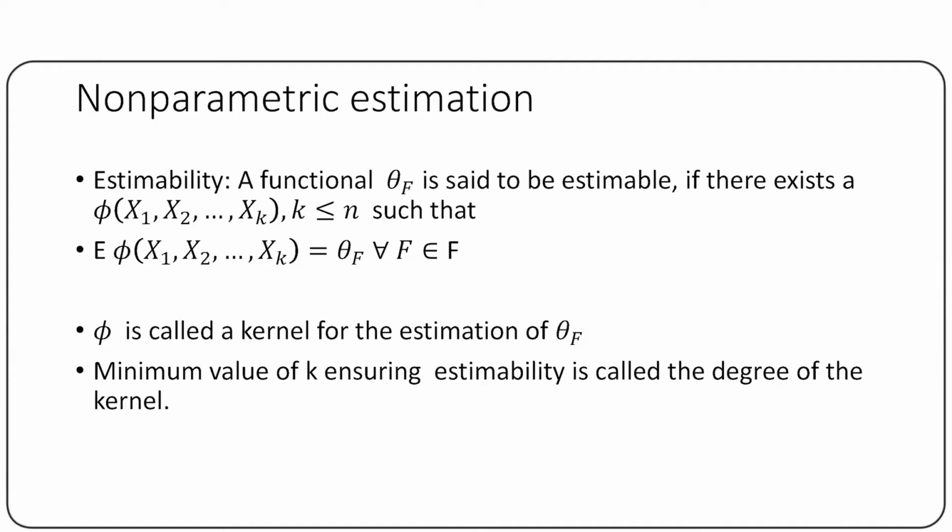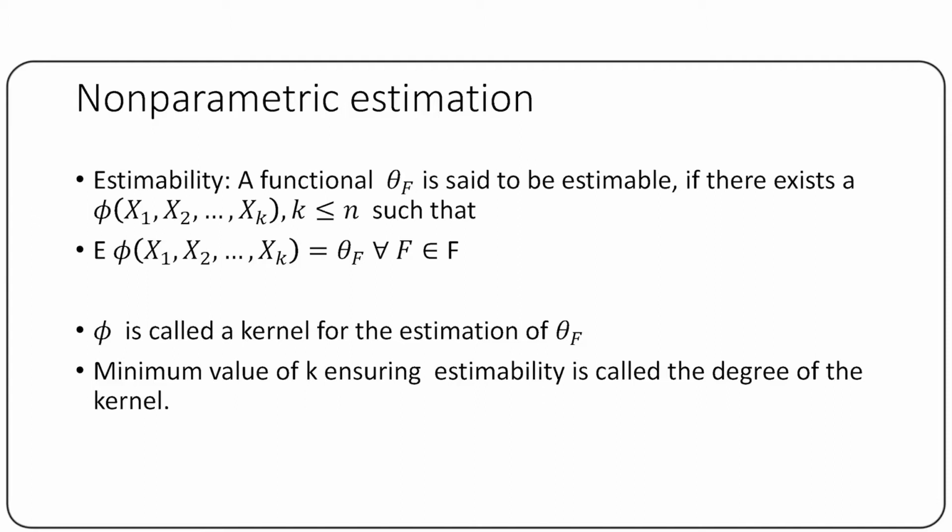Then theta is said to be estimable. Now, phi is known as a kernel of degree k because this phi involves k observations. This k is known as the degree of phi, and phi is called a kernel.